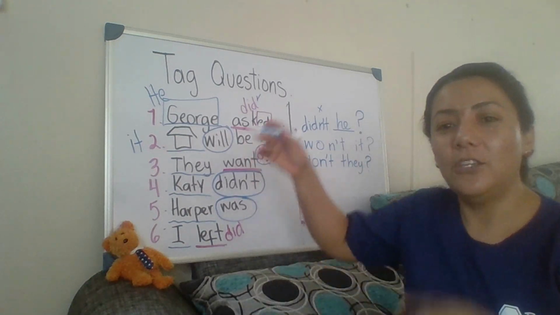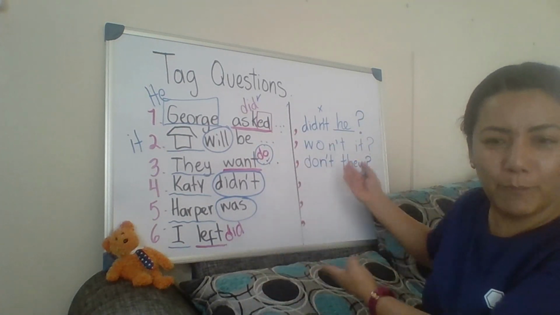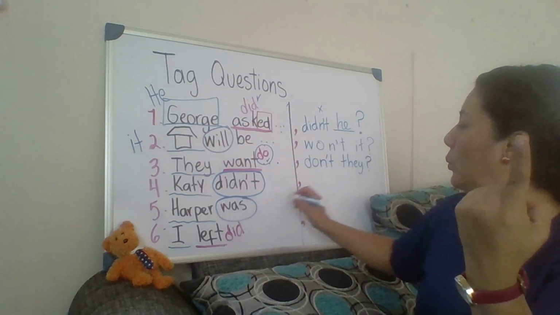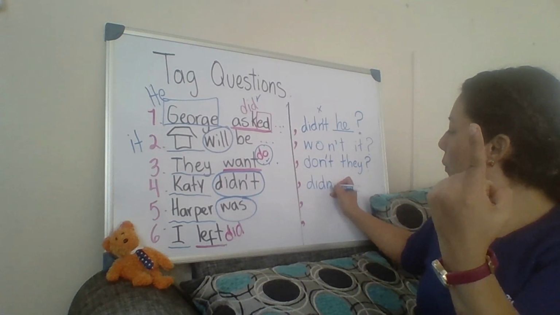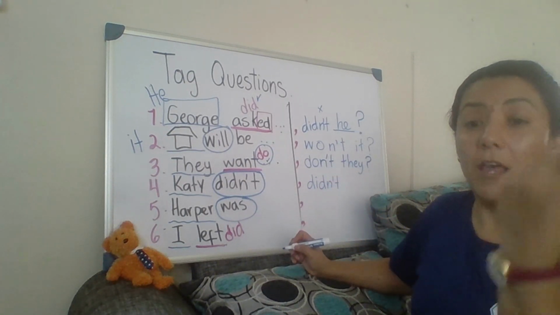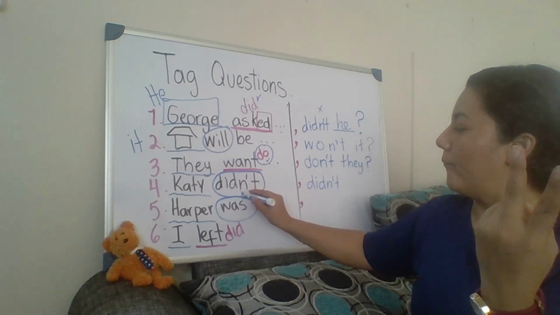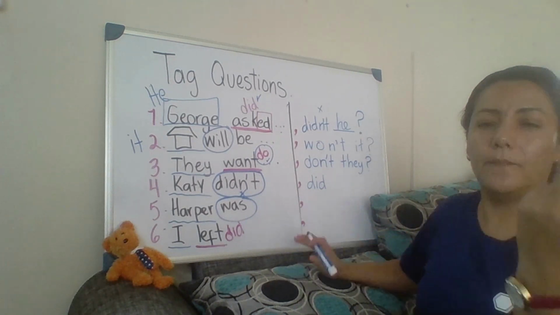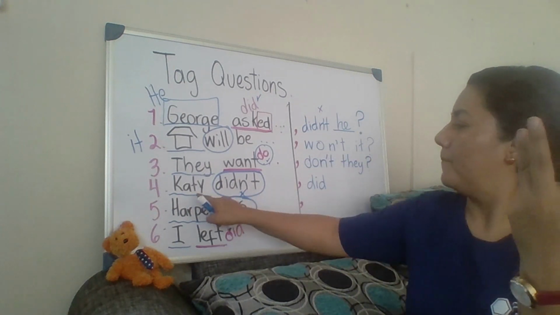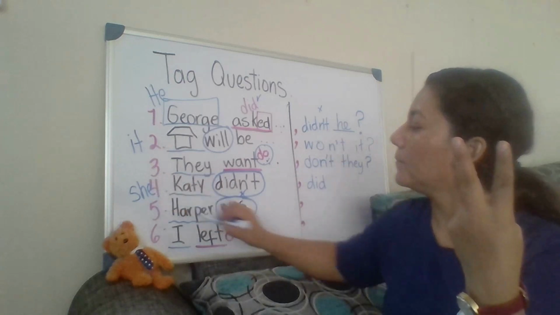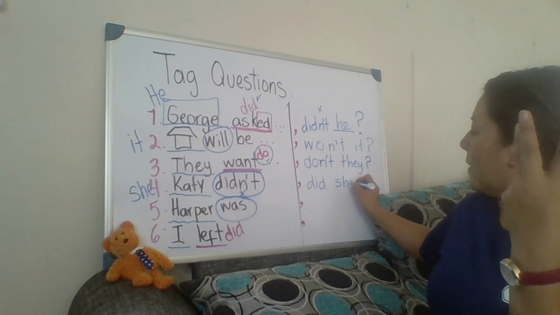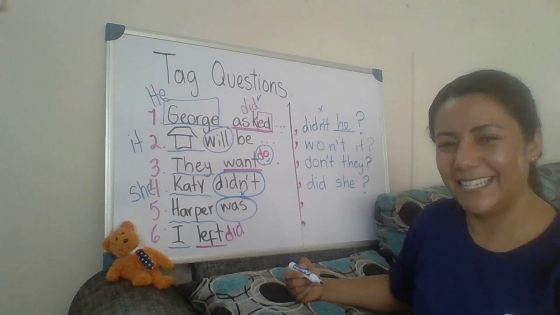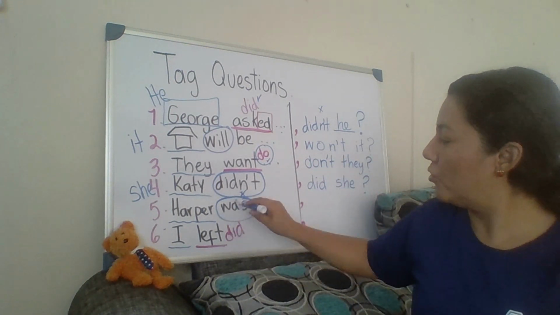Using time order words, you tell me the rules for writing tag questions. First, next, then, finally, excellent.